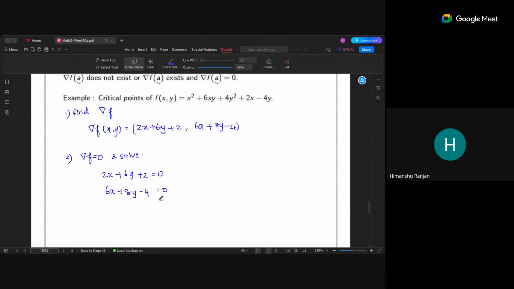So y is equal to minus 1 and x is equal to 2. What is your critical point here? 2 comma minus 1. Did you all get the same answer? Yes, ma'am.